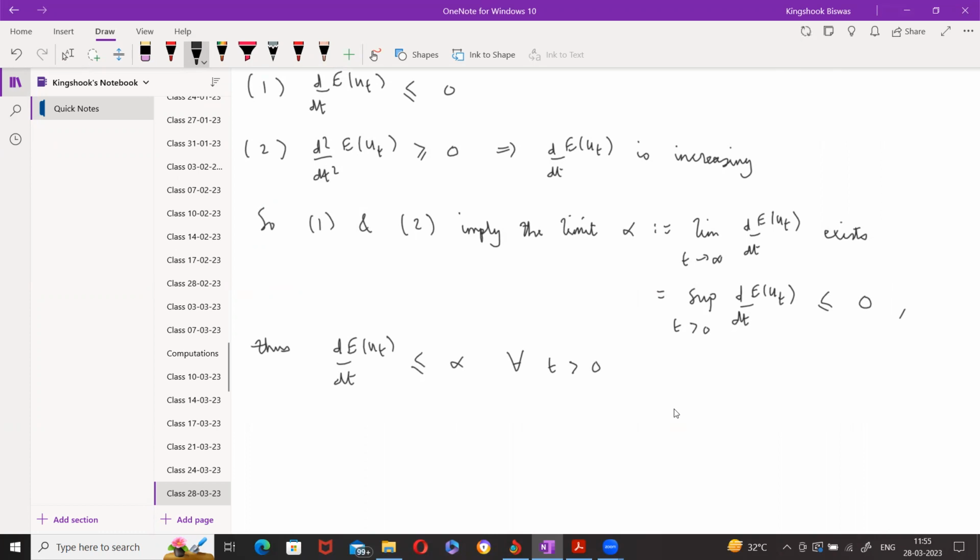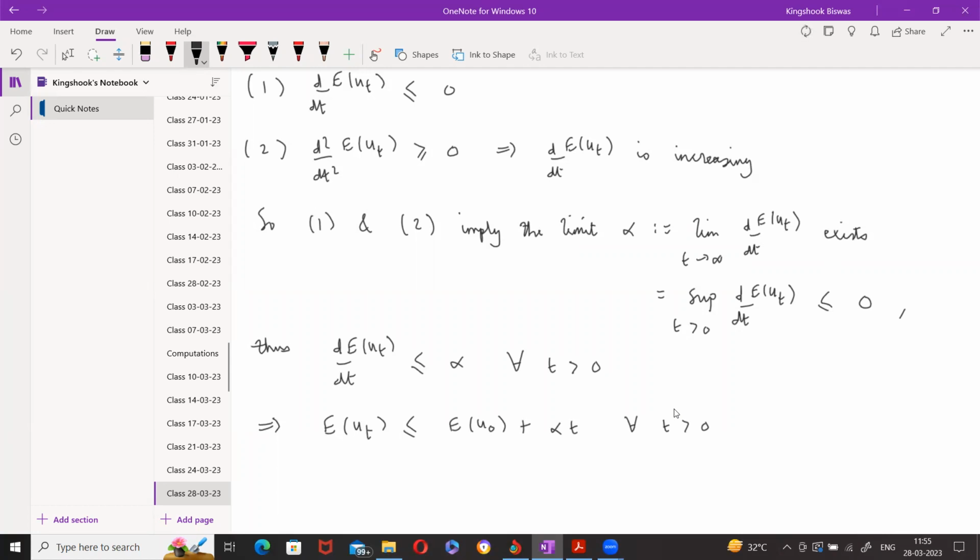This means that the energy of u_t is less than or equal to the energy of u_0 plus alpha t, for all t positive. Just by the fundamental theorem of calculus, integrate both sides and you get this.